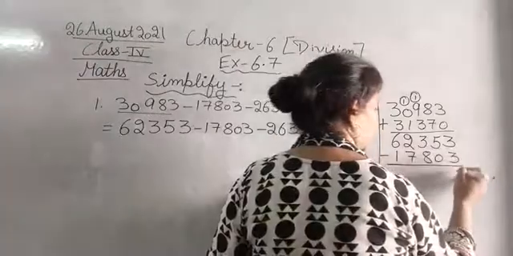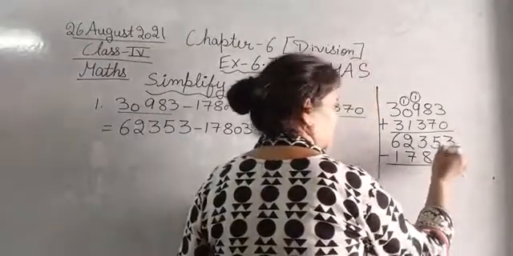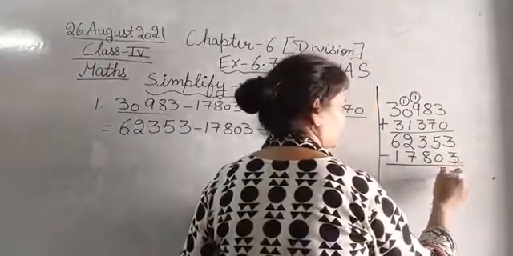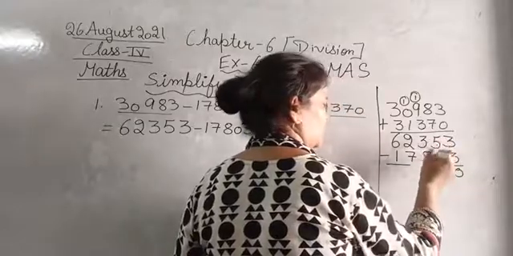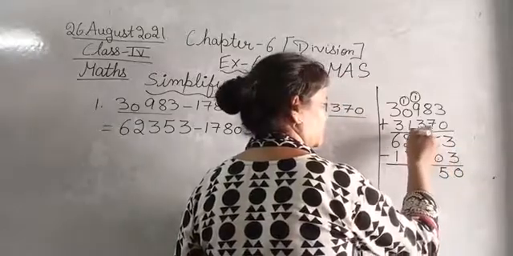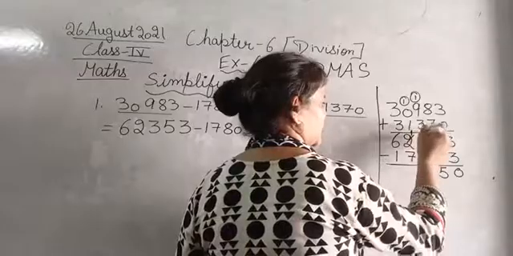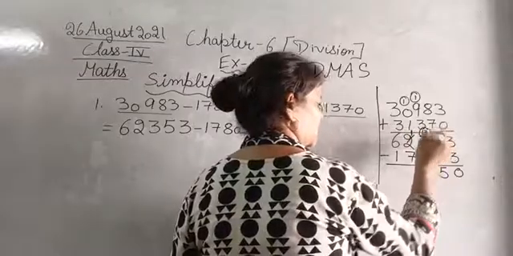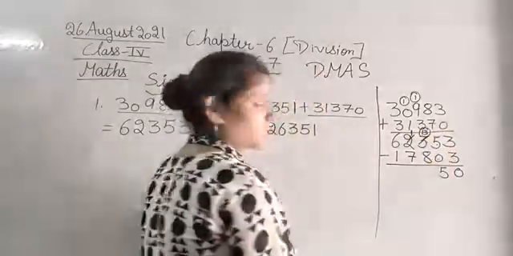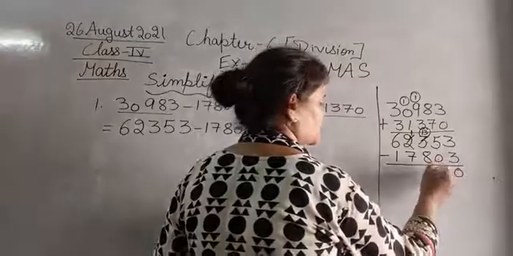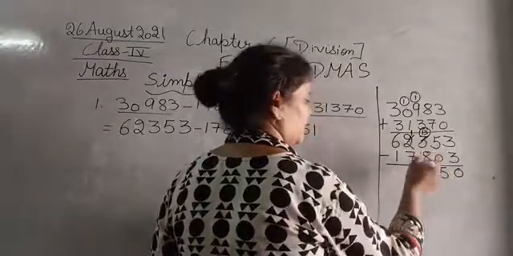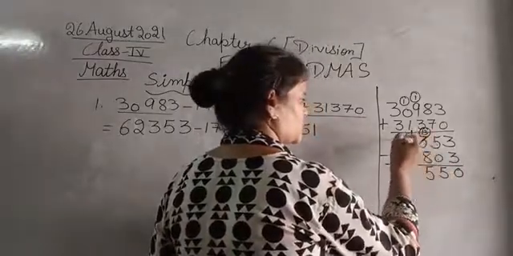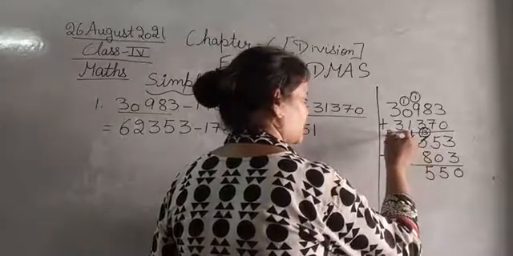3 minus 3, 0. 5 minus 0, 5. 3 minus 8, not possible. 3 will borrow from here. This will become 1 and this will become 13. 13 minus 8, that is 5. 1 minus 7, not possible. So 1 is going to borrow from here. This will become 5.